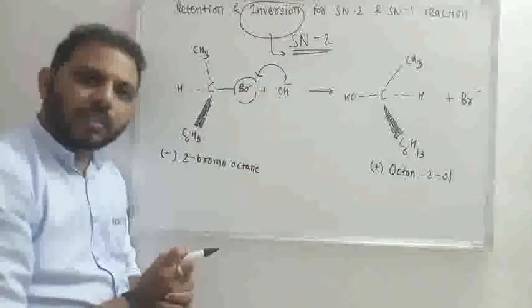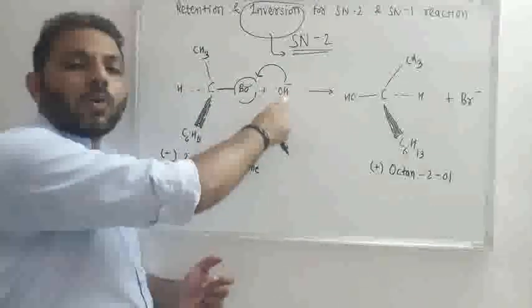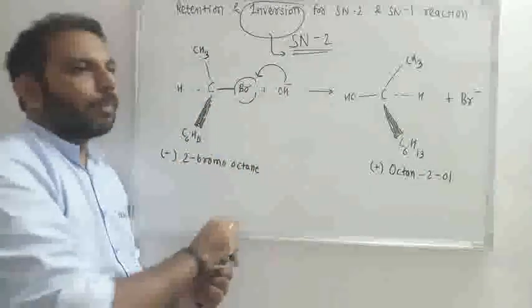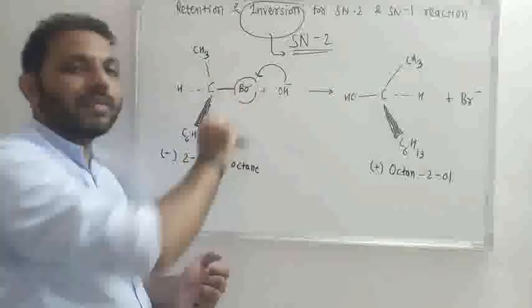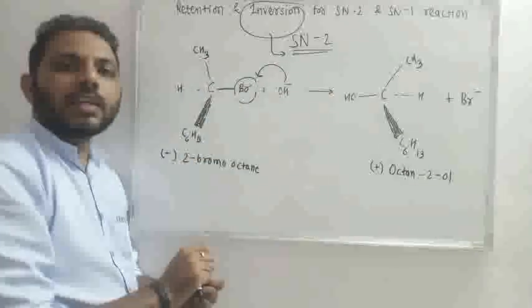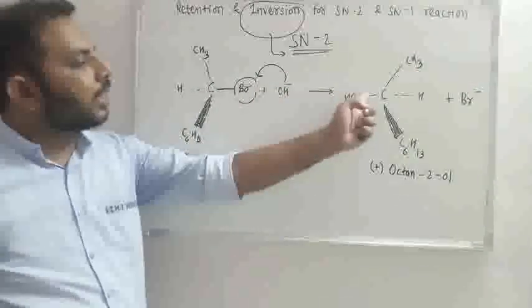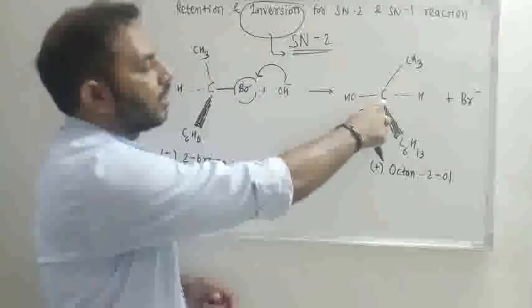So what is inversion? Inversion is nothing but if any group or atom replaces another atom, but the new atom is in the opposite direction to the previous atom, we can say that inversion has taken place. So OH minus is in the opposite direction to Br minus. Br minus used to be here, but OH minus is there, right?